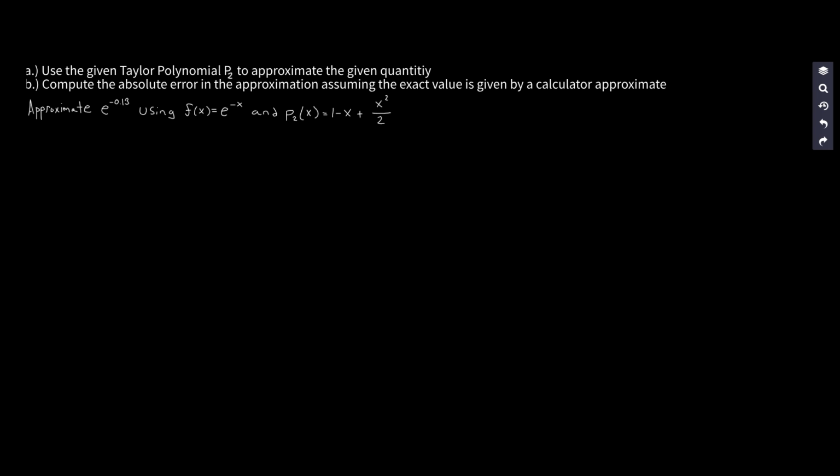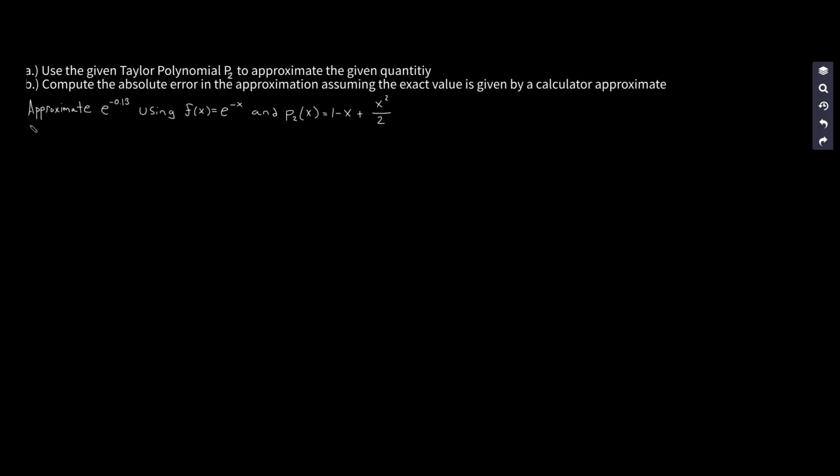So the thing about this problem is it builds directly on the e raised to the -x polynomial that we did earlier. So we're going to use that polynomial to estimate a specific value and to check how wrong the estimate is when compared to the exact value.